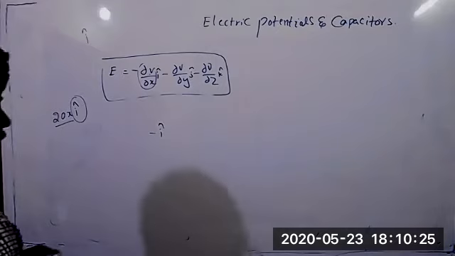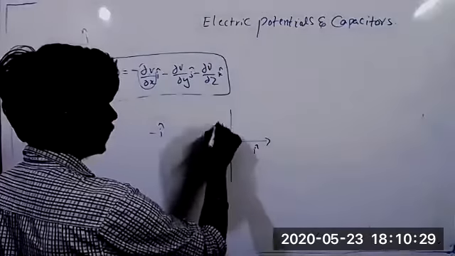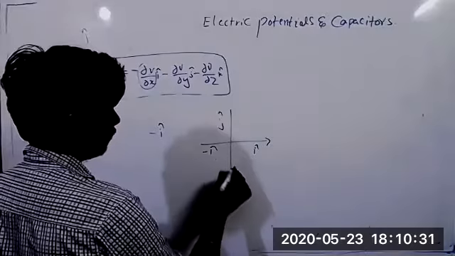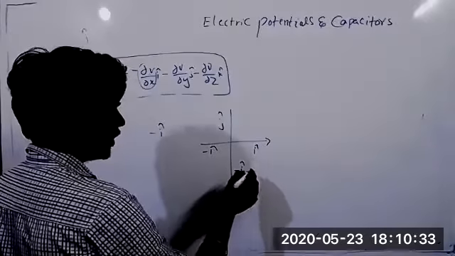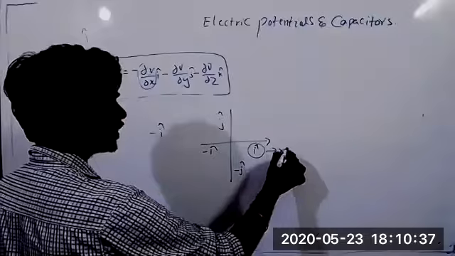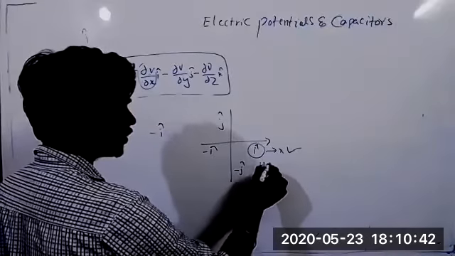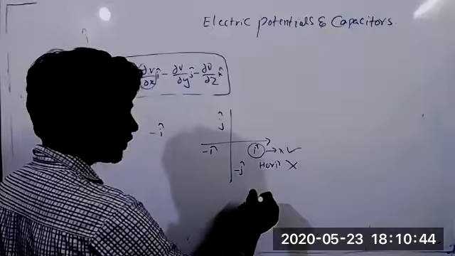Yes, remember: i cap, j cap, minus i cap, minus j cap. Look at this. i cap is always the x direction. Correct. i cap is always the horizontal direction. Wrong.